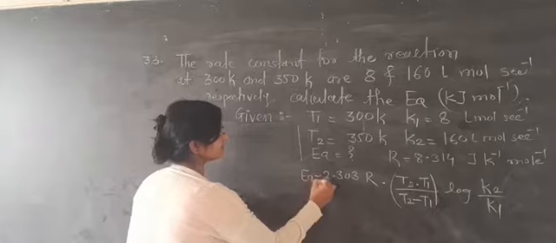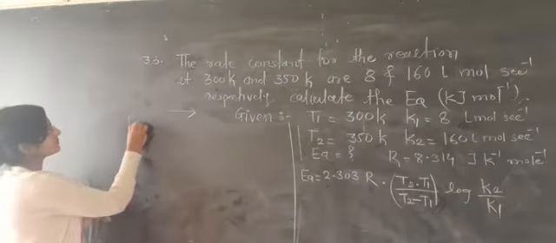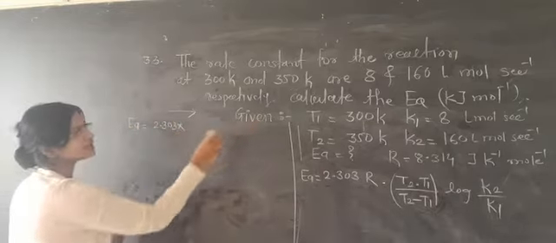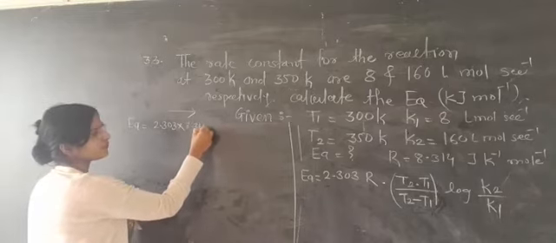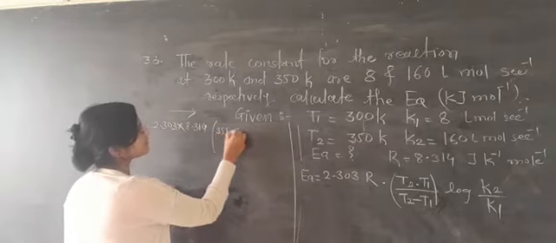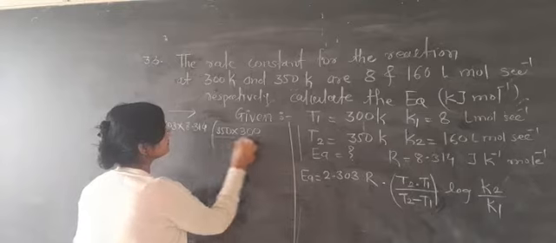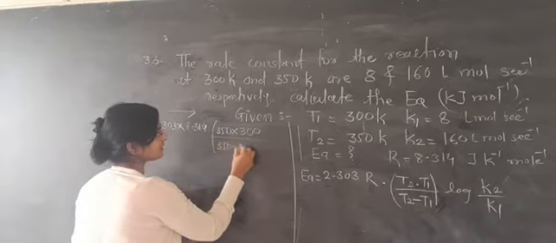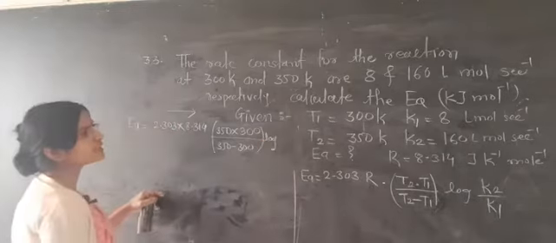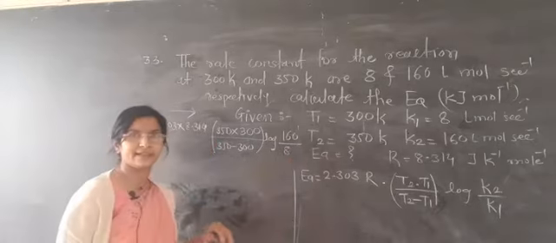Now friends, look here. The value of R is given, that is 8.314, multiplied by 2.303. Then substitute the temperatures: 350 into 300, divided by 350 minus 300, bracket complete, log of K2, which is given as 160, and K1, which is given as 8.